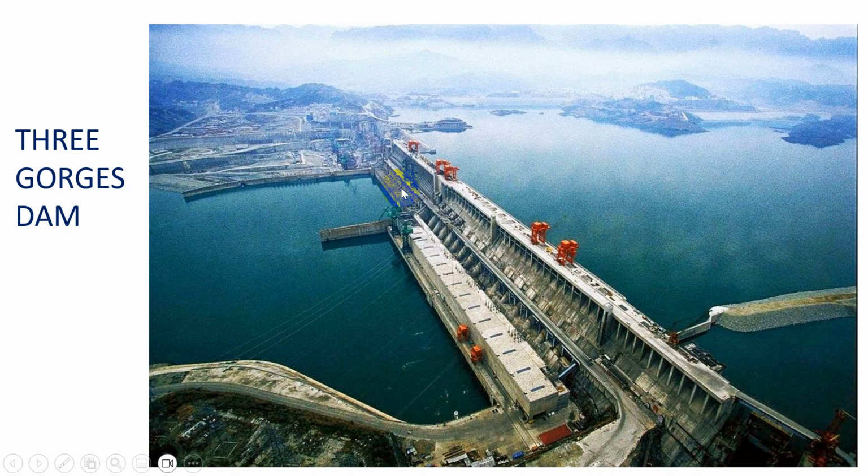This is the Three Gorges Dam, as I said before. This is one of the biggest dams in the world. We can see the dam. The length of this dam is more than 2 kilometers, and this is the big reservoir on the Yangtze River in China. It was said before that the area of the reservoir is greater than the country of Singapore.